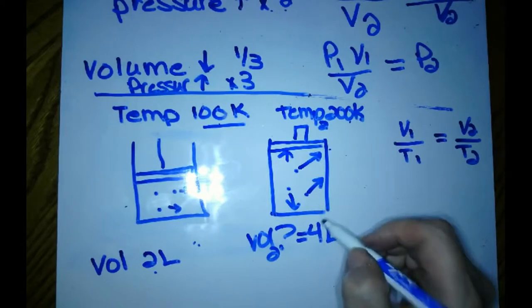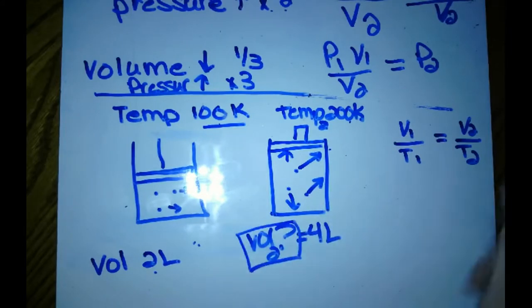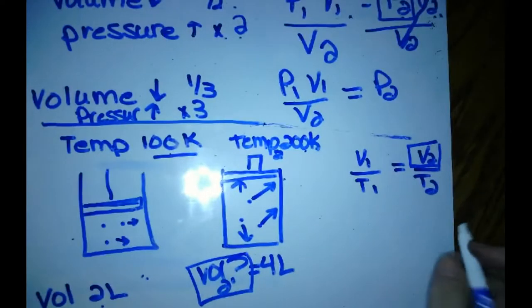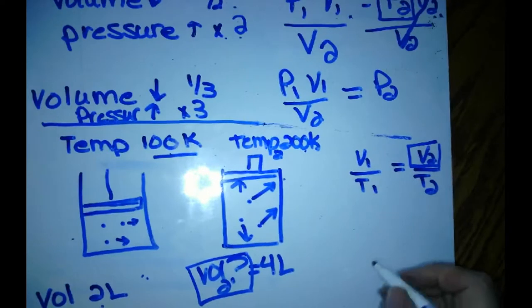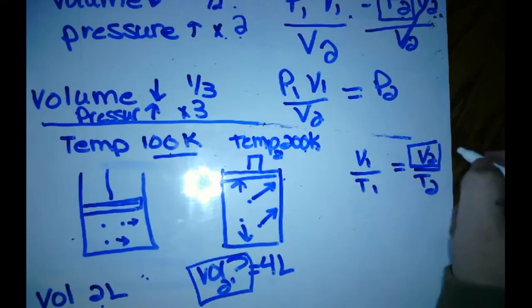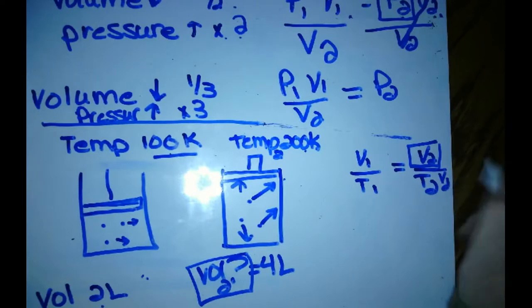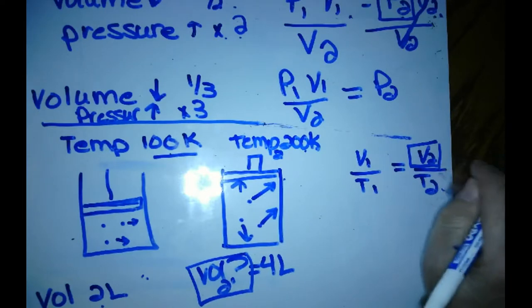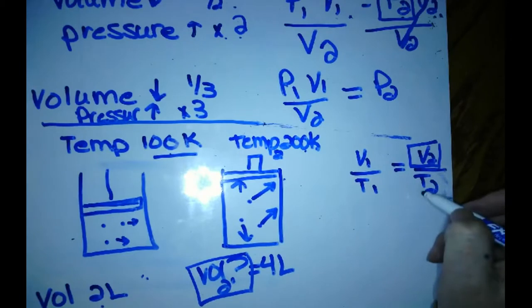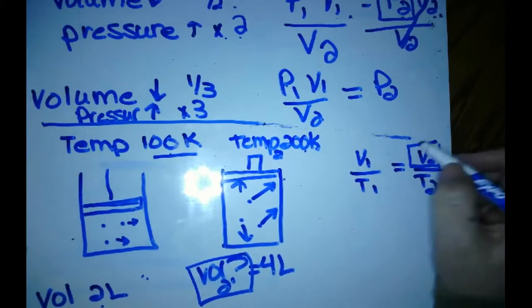Okay, so what did we solve for? We solved for our volume 2. That's right here. How would I rearrange that equation if it wasn't this simple? Well, I would have to get rid of my volume 2, so I divide this side by volume 2. Oh, wait, hold on. I'm solving for volume 2. I need to get volume 2 alone. So what do I have to do?